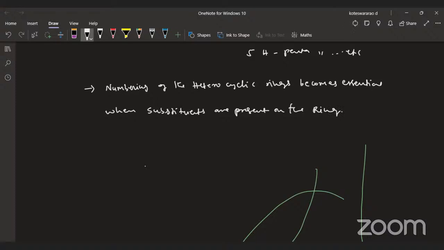Next point, look here, the same one. Suppose now 1, 2, 3, 4, 5, we need to give the numbering like this. This is the correct way whenever molecules are given numbering like this.